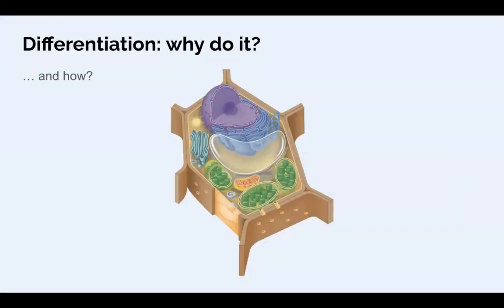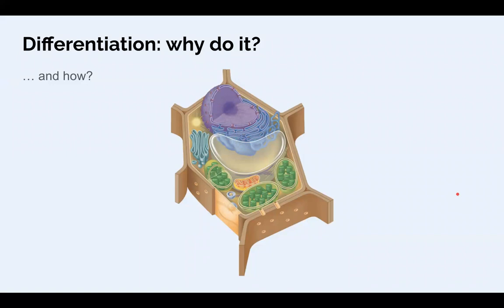If we start off with our generic illustration of a plant cell, this really is generic. It's not the shape and structure that you would find in every plant cell, but it is the general starting point for plant cells. So why should a cell differentiate? Well, of course, as we mentioned, they have different functions to do, and having a different shape, chemical composition, thickness, stiffness, all kinds of different features can make cells better able to do particular functions.